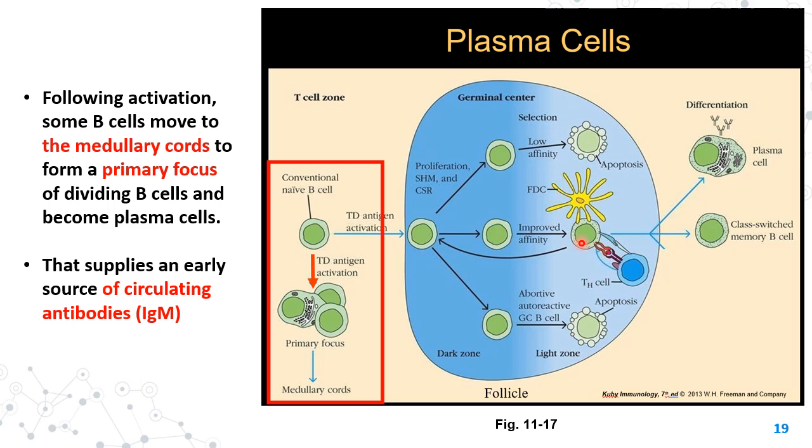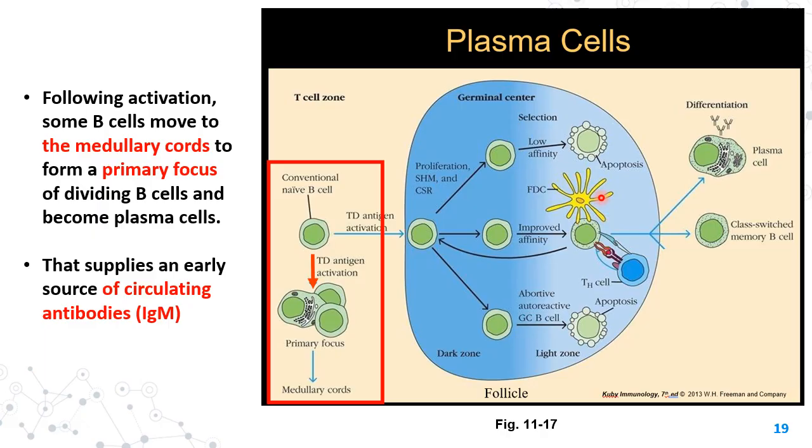But at the same time, they are going to hang around the germinal center, and they are going to interact with this other dendritic cell right there. This dendritic cell is a very specialized follicular dendritic cell. It does not come out of the follicle. It just stays there.